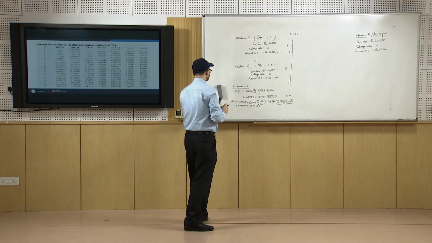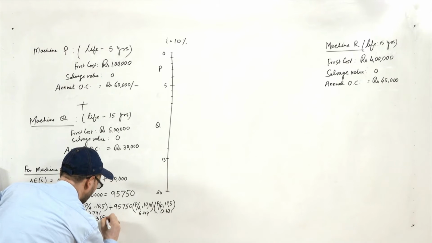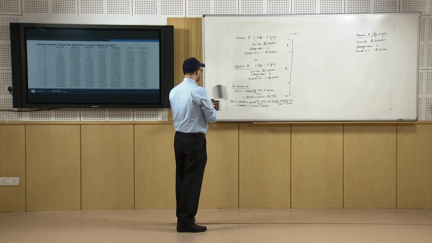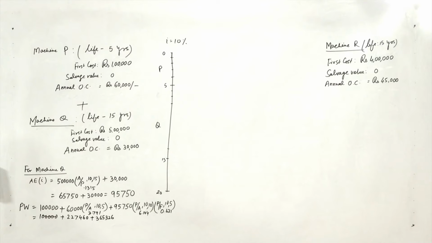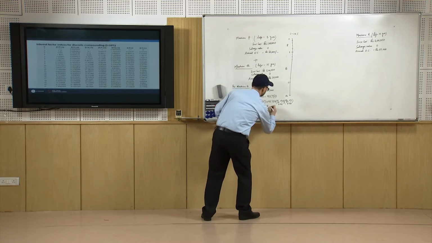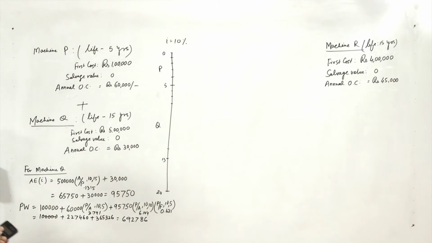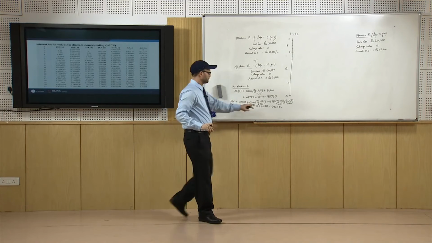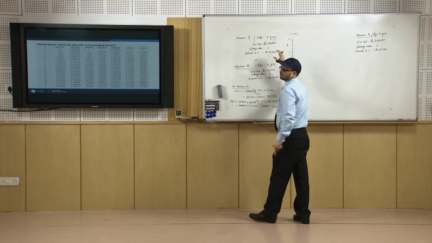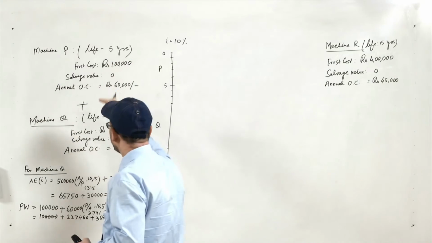So, that is 365,326. So, this one added to these two quantities comes out to be 692,786. So, this quantity is the present worth for this plan in which the machine P will be followed by machine Q.